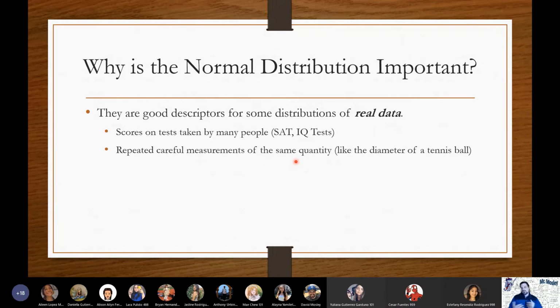If we have a factory that's producing tennis balls and we're constantly taking the same measurement of all these balls, there's going to be a small variance from ball to ball. And if we compile all this data, it'll fall into something that could be very closely approximated by a normal curve.